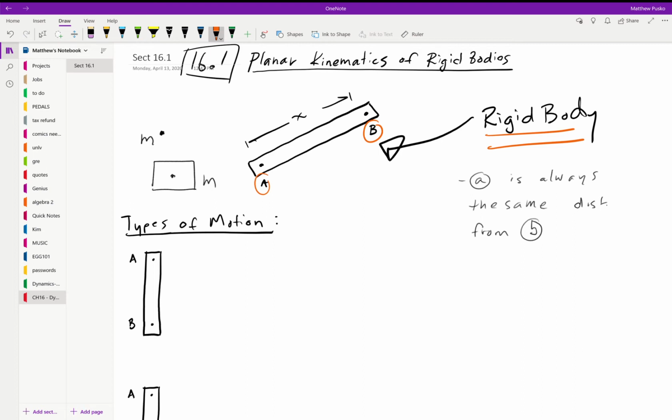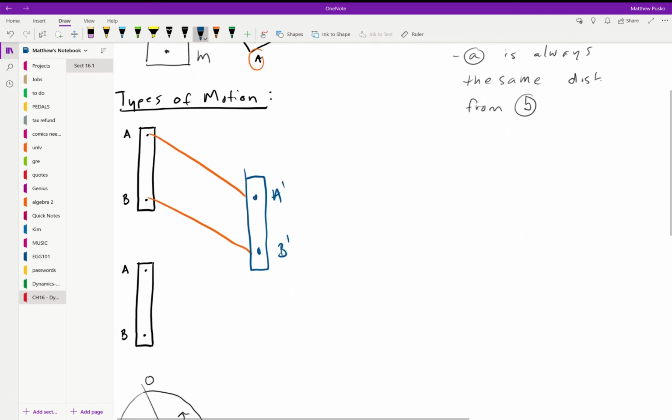So the first type of motion would be if A and B both moved on some parallel path to some A prime and B prime, and we would call this a translation.